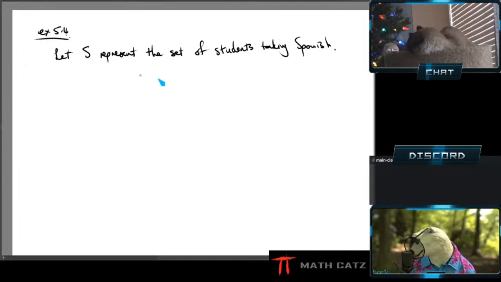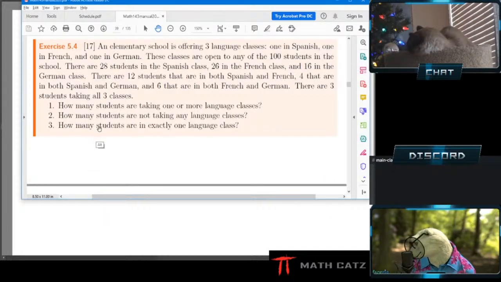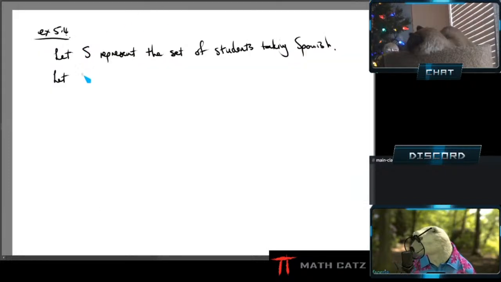Every time, people are so lazy and don't want to write out a full, clear explanation of what their set represents. This time, I'm going to be super strict. I am tired of this laziness. People do it every time. They take advantage of me. It needs to be super clear to confirm you understand what your sets represent. Not a full sentence, you're not getting your mark. Simple. French, I'll go F to represent the set of students taking French.